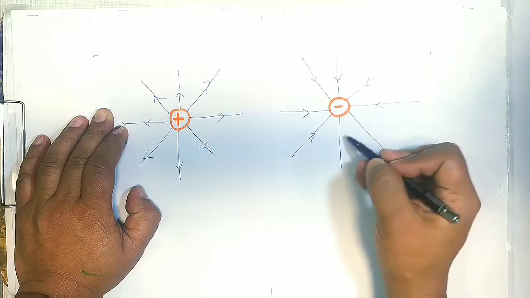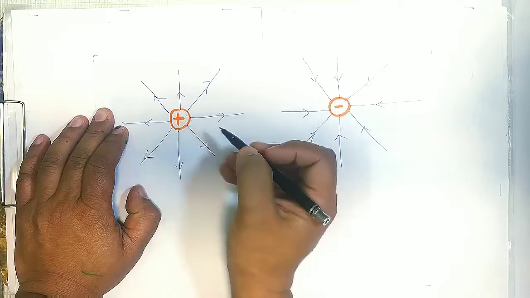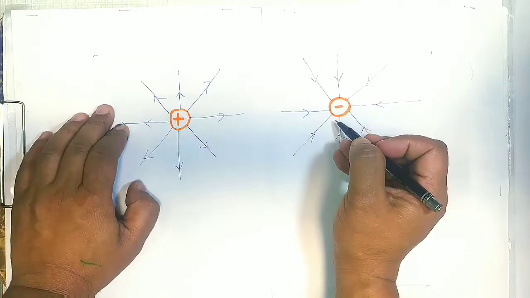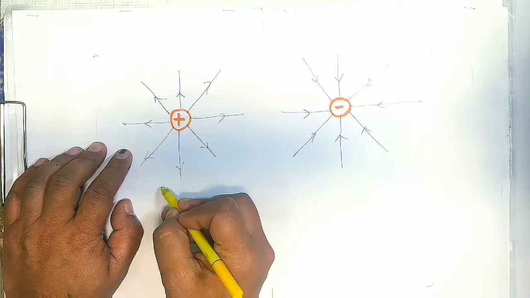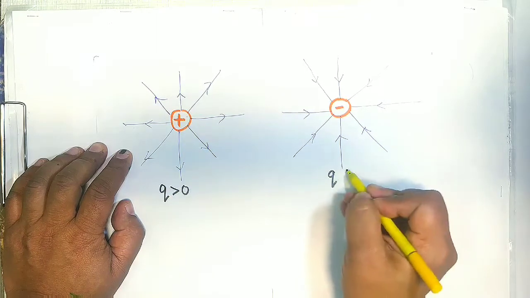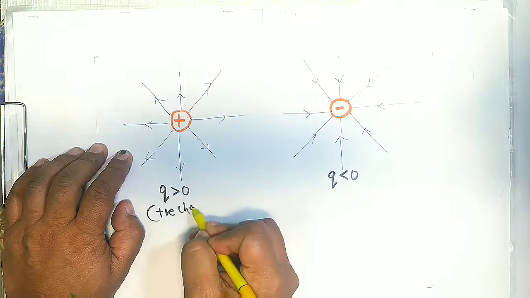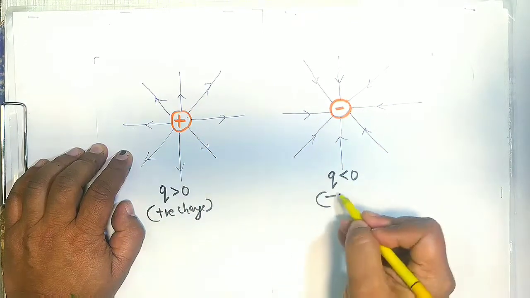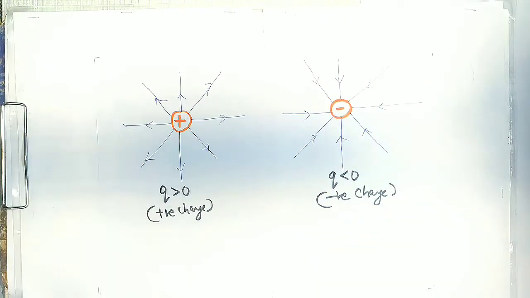One is plus Q and one is minus Q. Sometimes in the question it will say draw the lines for charge Q greater than 0, Q less than 0. Q greater than 0 means a positive charge, and Q less than 0 means a negative charge.